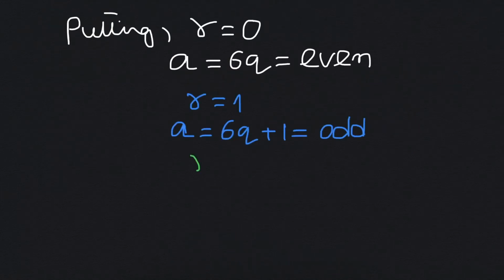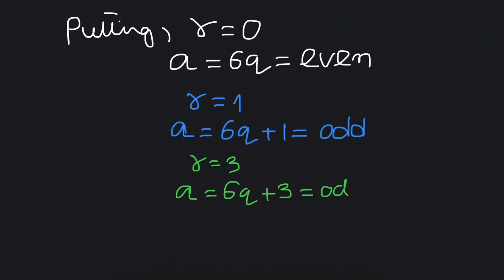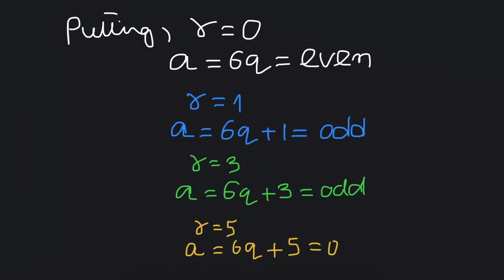Putting r is equal to 3, we have a is equal to 6q plus 3, which is also odd. At last, putting r is equal to 5, a is equal to 6q plus 5, which is also odd.